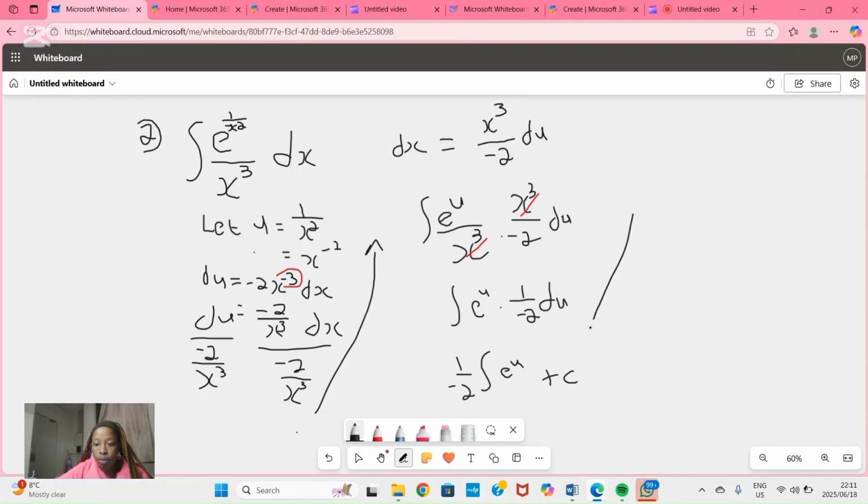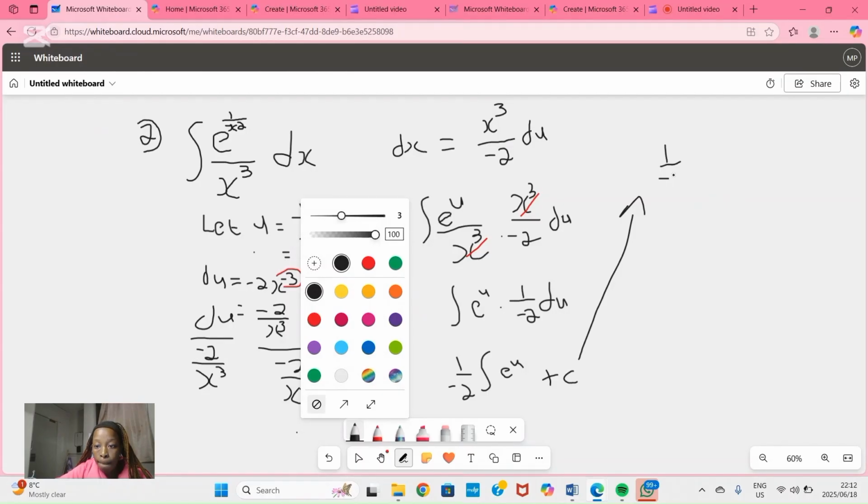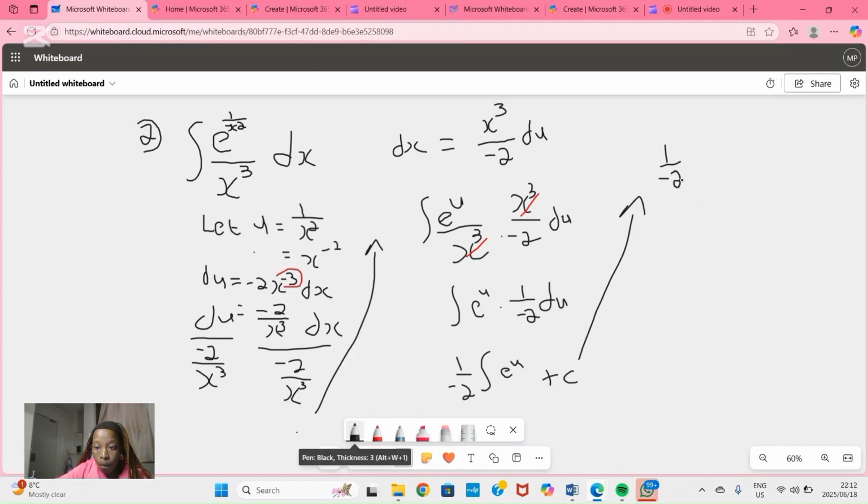Continuing, we're going to continue here. If you integrate e to the exponent, e which has an exponent, it remains the same, it doesn't change. So we're going to have 1 over negative 2 times e^u plus c.